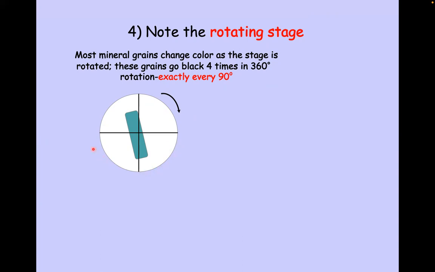Again it will be bright, then black, like that. 4 times it can be black when you rotate the stage. But some minerals remain dark even when you rotate 360 degrees. As I said before, they never change, they never reorient the light. So that is a very characteristic property of that particular mineral.